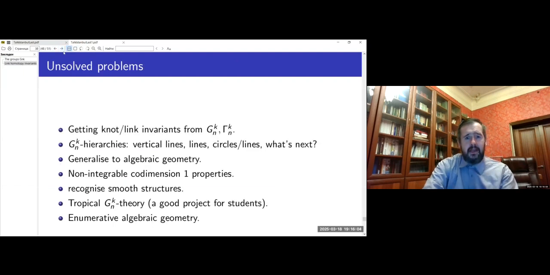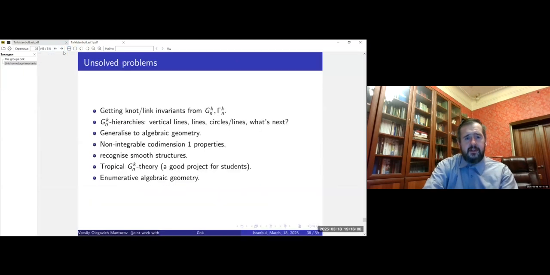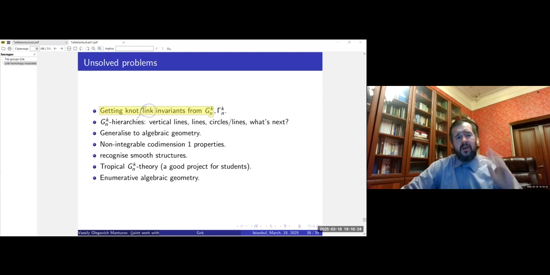Well, and here is a list of unsolved problems. So one problem which I still mention as unsolved is getting knot invariants. As for link invariants, this is done. But this is done only for link homotopy because, as I mentioned, it doesn't feel this crossing change.